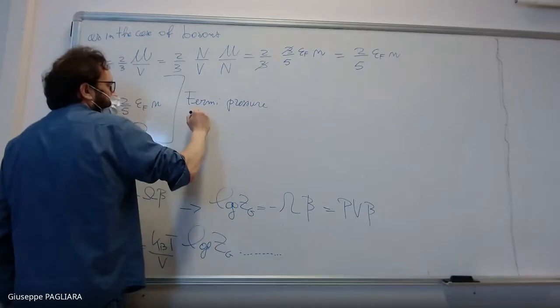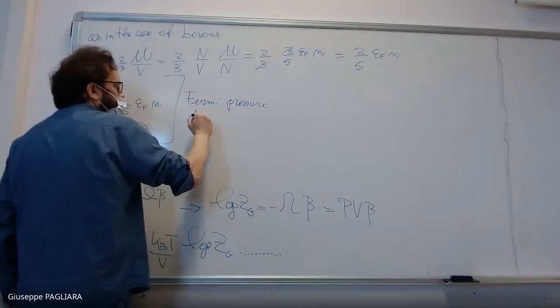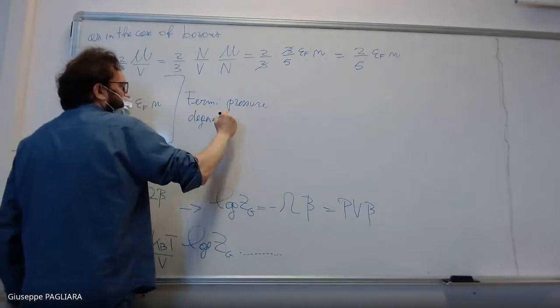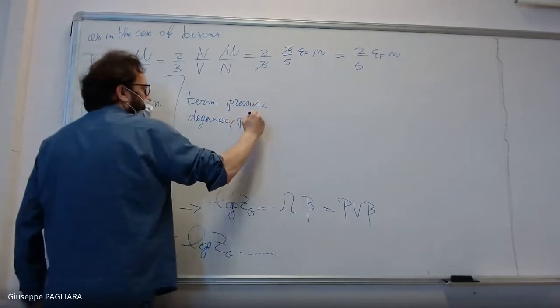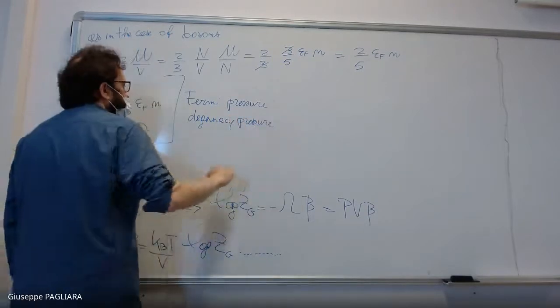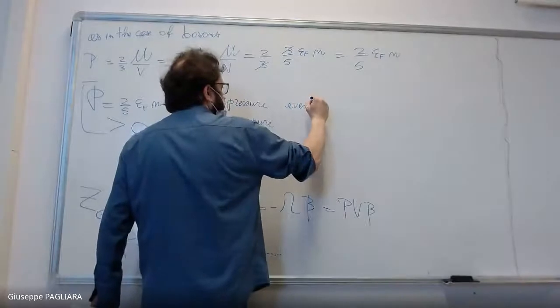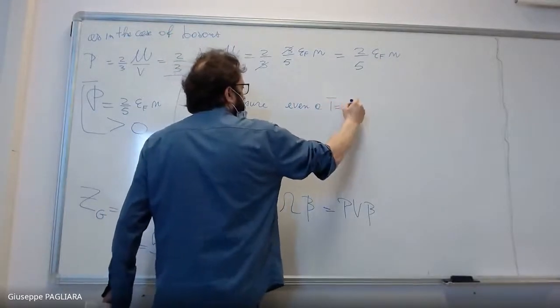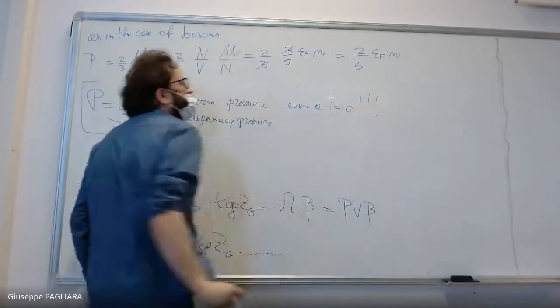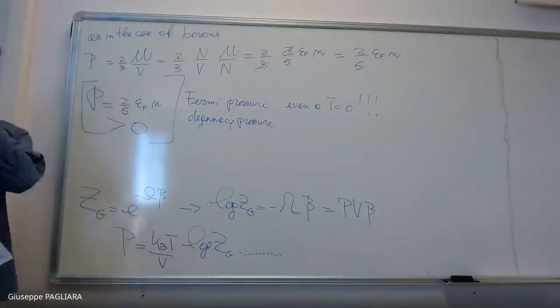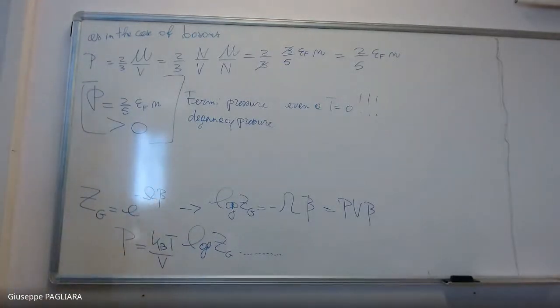It is also called the degeneracy pressure, which is present even at T equals 0. This is basically due to the Pauli exclusion principle, and this is of course a very remarkable fact.